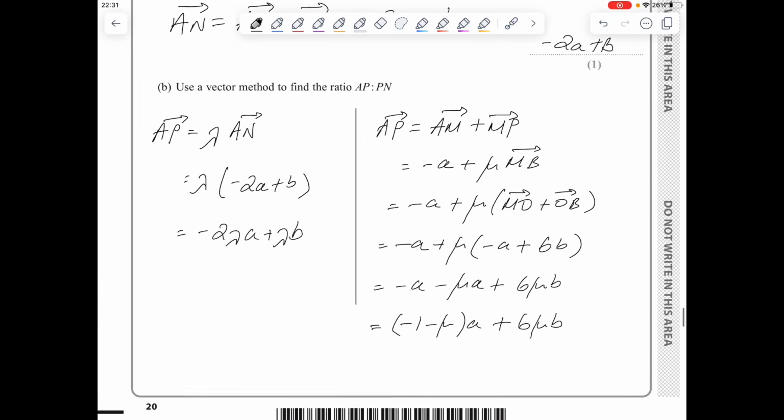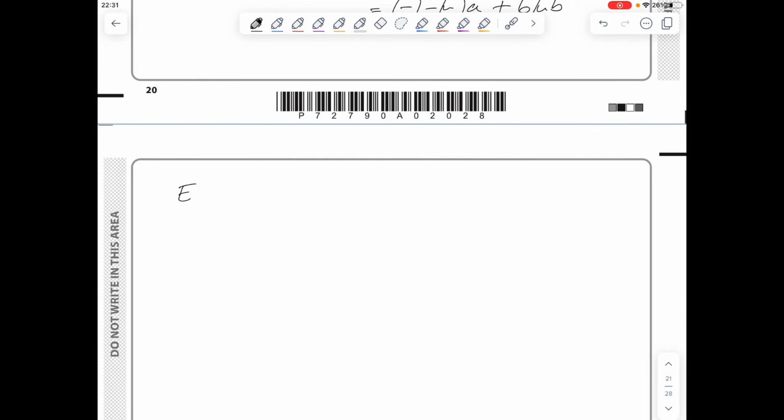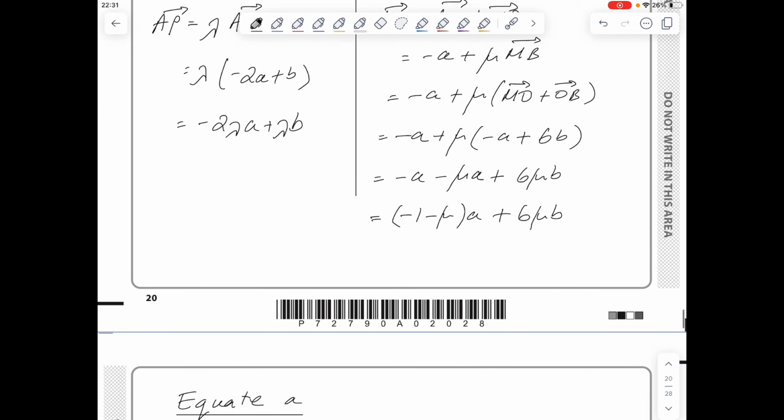So for my next step, I will equate the coefficients of a. What I mean by that is the following. I've got minus 2 lambda a on the first approach. I've got minus 1 minus mu on the second one.